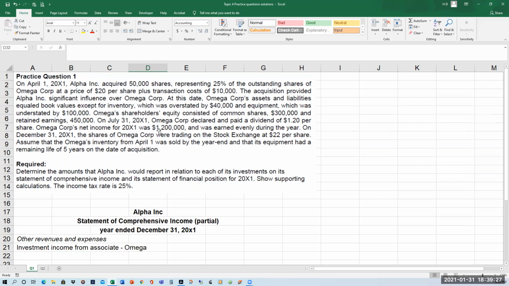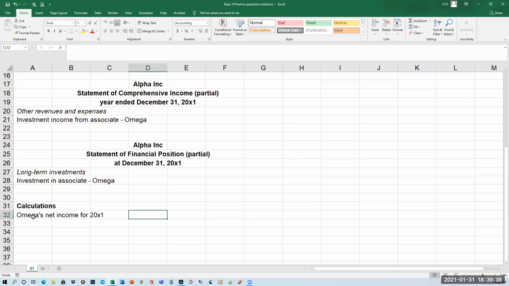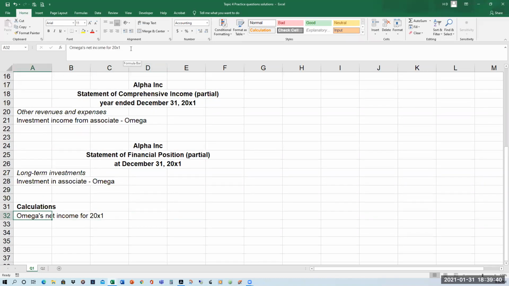Omega's total net income for the year was 1.2 million, and we're told that it was earned evenly during the year, which means we are able to prorate. So Omega's net income from April to December, 1.2 million was for the full year, so for a 9-month period, that works out to 900,000.